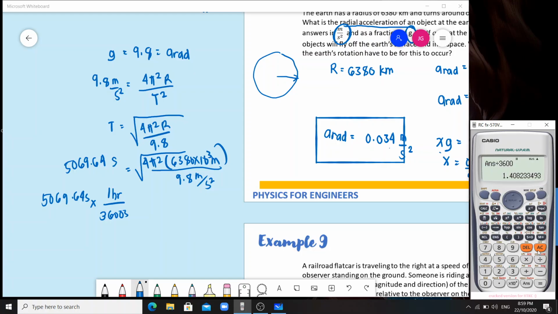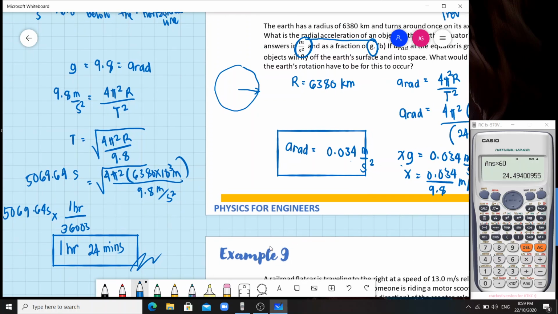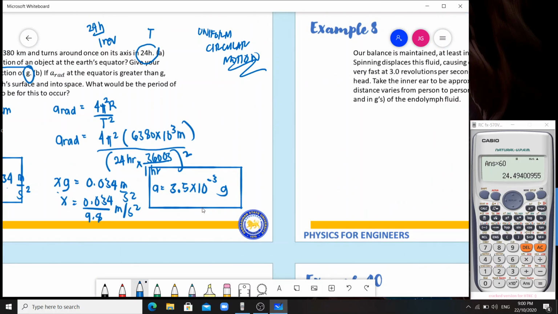Okay, that is 1 hour, then let's convert the remainder to minutes, times 60. There. 1 hour and 24 minutes. Okay? So, that is the period. 1 hour 24 minutes to complete one revolution.